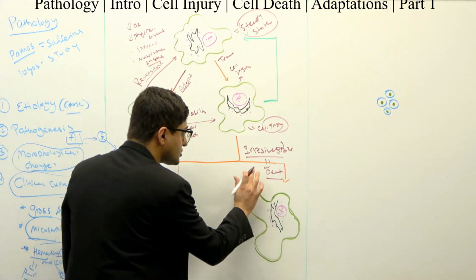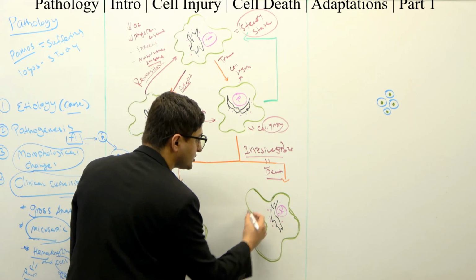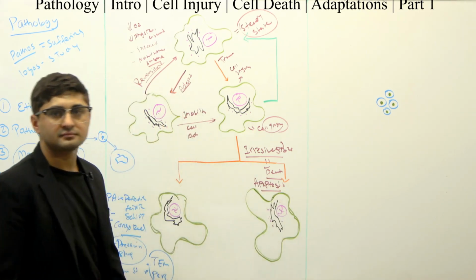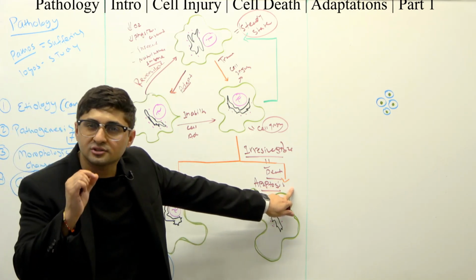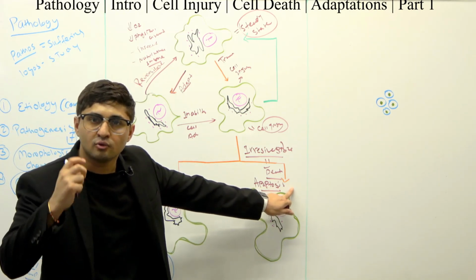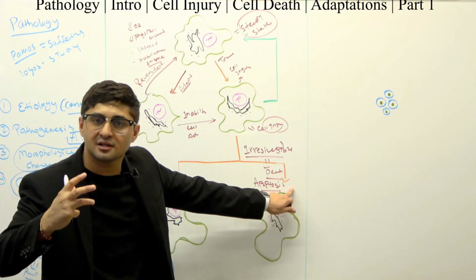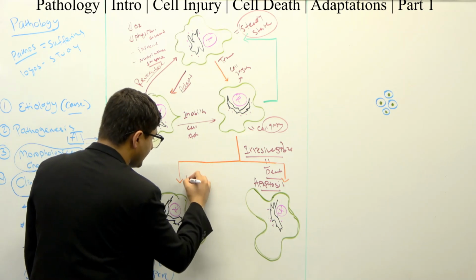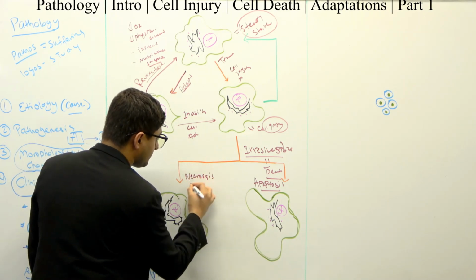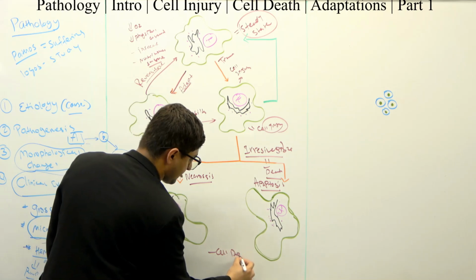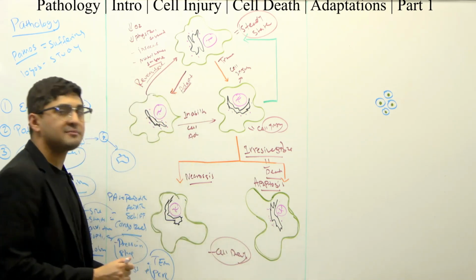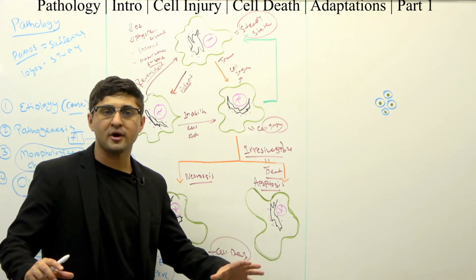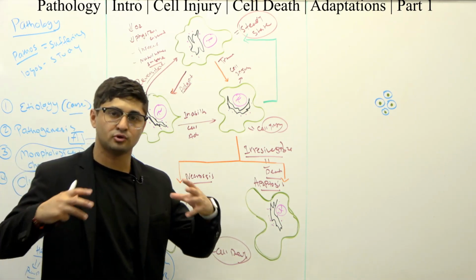And the cell will choose either this process, which is called apoptosis. What is apoptosis, guys? It's well-organized cell death. We also call it programmed cell death. Or it can go through this process, which is called necrosis. Both of them are cell death, guys. Both of them are irreversible. They both lead to death of the cell. But one way, apoptosis, is more organized, more well-mannered.